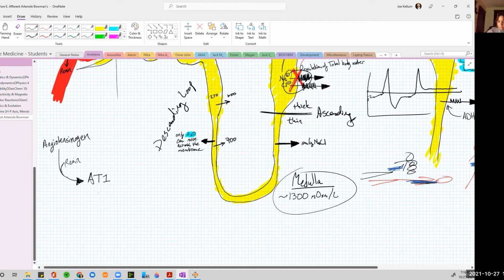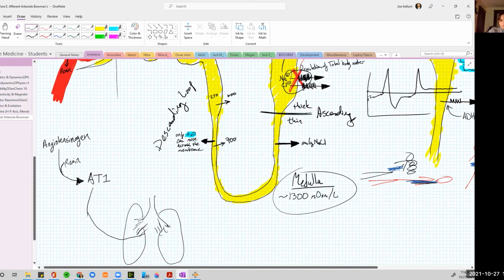Angiotensin 1 will then float around more in the blood until it eventually encounters, and this is one of the most bizarre mechanisms, some epithelial cells that exist in the lungs. Only once it goes into lung epithelium does it run into an enzyme called angiotensin converting enzyme, ACE.